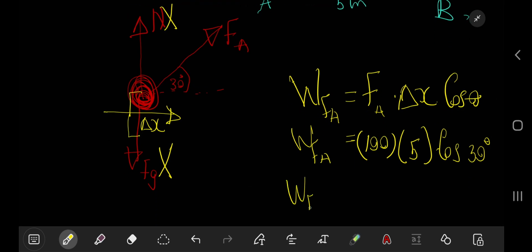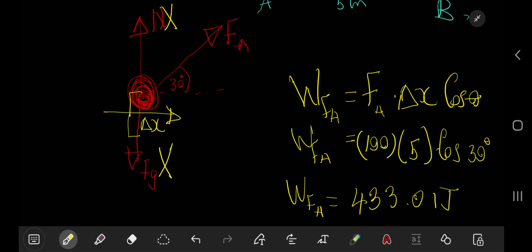So the work done would be 100 multiplied by 5 multiplied by cos 30, and that would give you 433.01 joules.